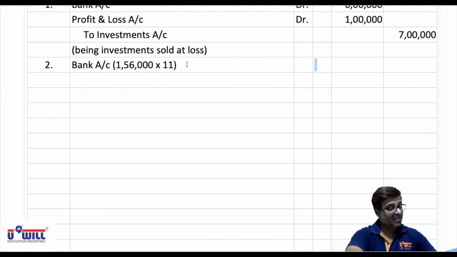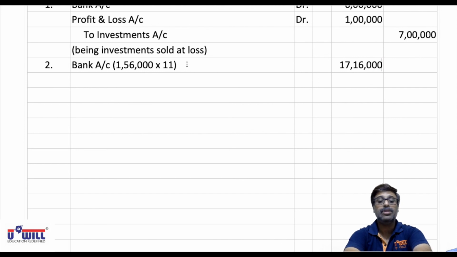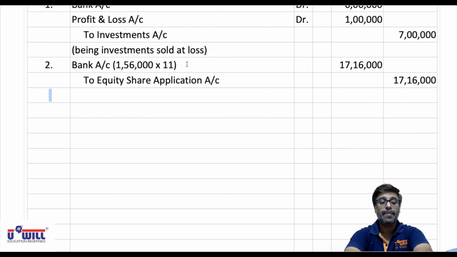So 1,56,000 into 11, 17,16,000. What we are going to receive is 17,16,000. Then equity, we temporarily transfer the money to equity share application account, entire 17,16,000, being application money received.